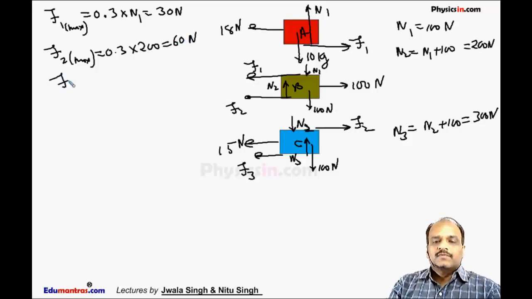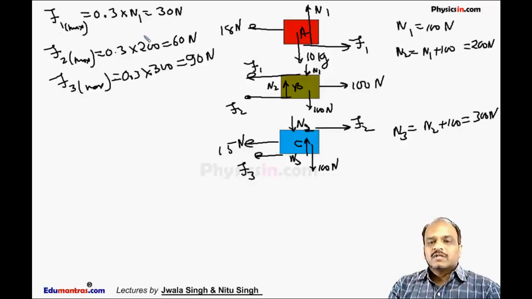In the same way, the maximum friction force F3 is 0.3 times the normal reaction. Here N3 is 300, so it comes out to be 90 Newton. So the maximum value of F1 is 30 Newton, the maximum value of F2 is 60 Newton, and the maximum value of F3 under static condition is 90 Newton.